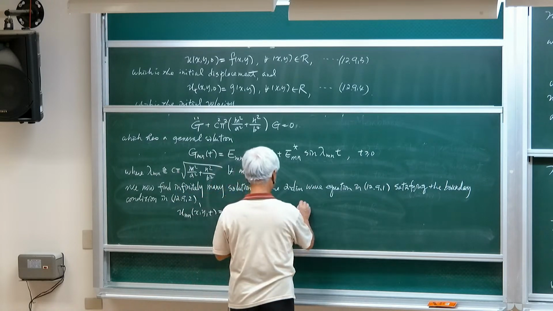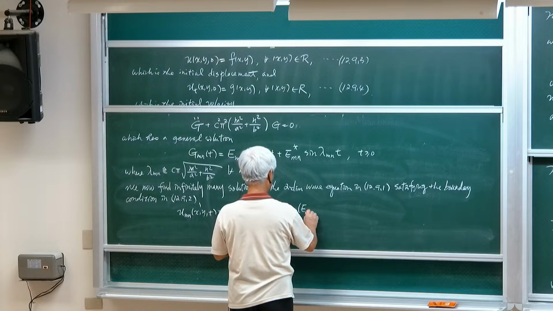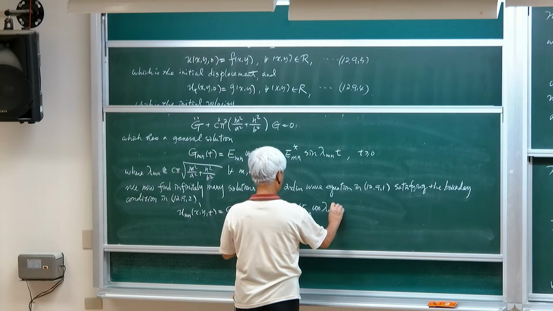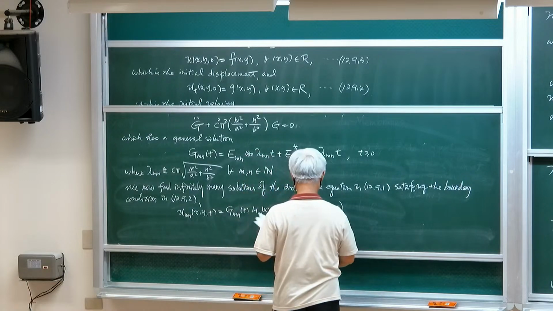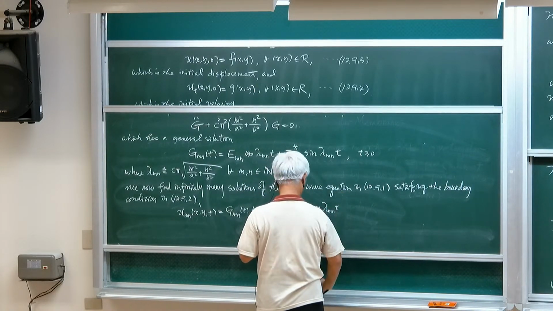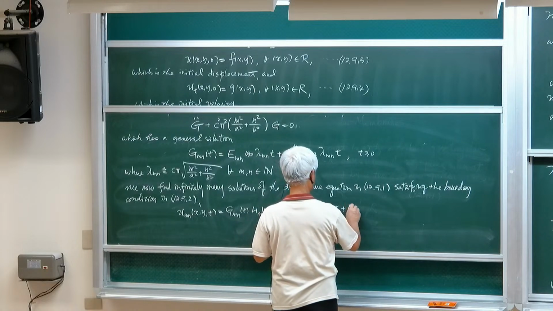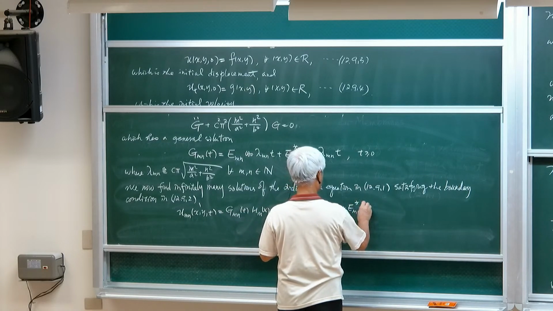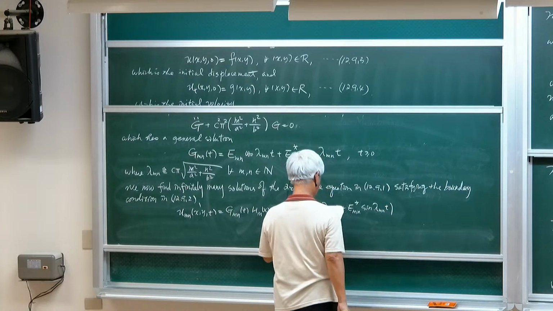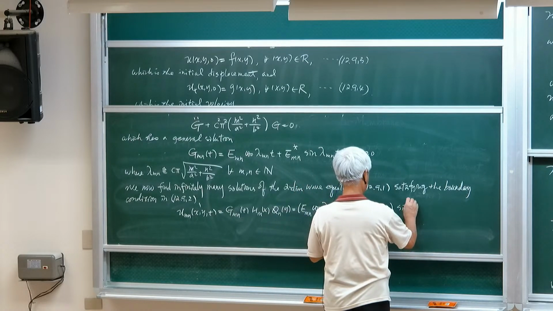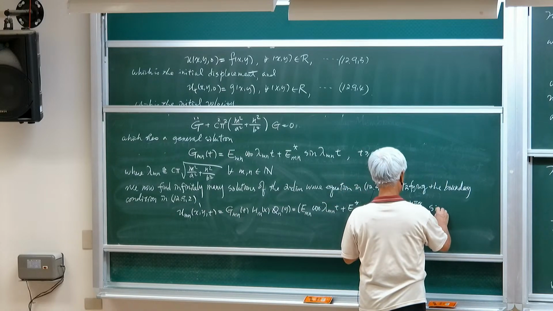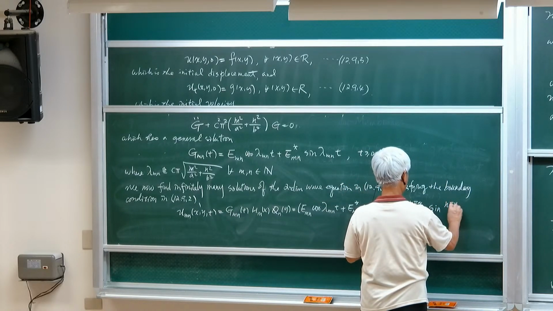So this is equal to E_mn cosine lambda_mn t plus E_mn star sine lambda_mn t, times sine m pi x divided by a and sine n pi y divided by b.